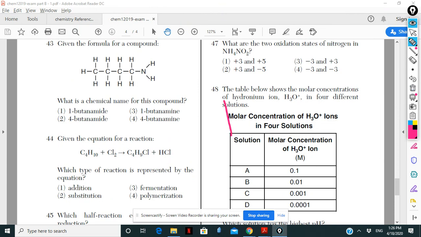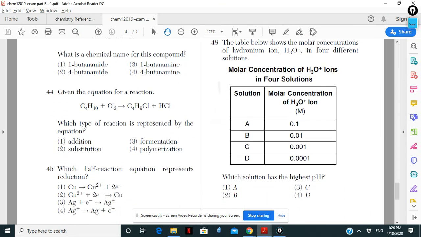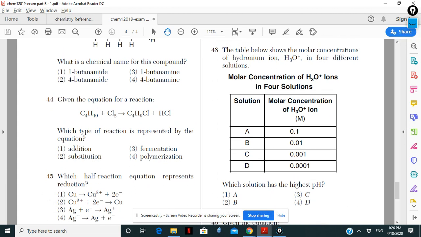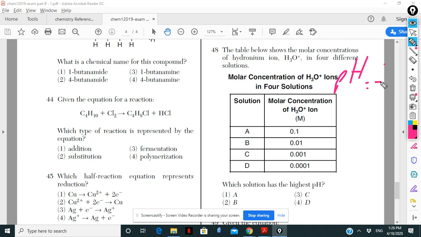Question number 48. We have the table below showing the hydronium ion concentration for 4 different molar solutions. Which one has the highest pH? As we know, pH equals negative log of the concentration.